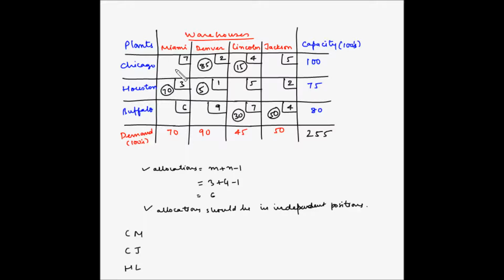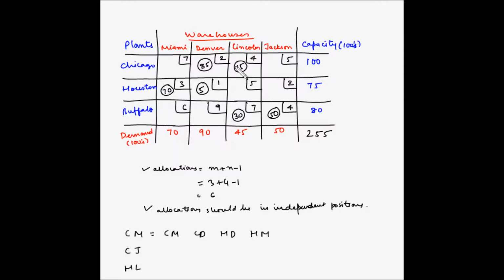So for the first one, the closed path will be Chicago, Miami to Chicago, Denver to Houston, Denver to Houston, Miami, and then back to Chicago, Miami. So this can be CM, CD, HD, HM.